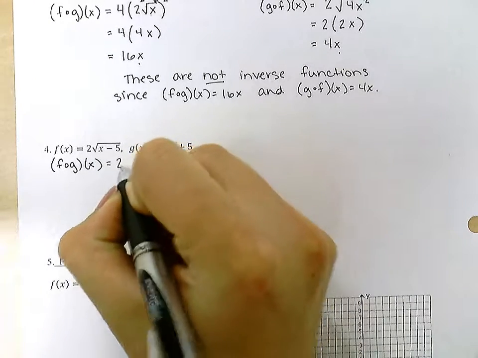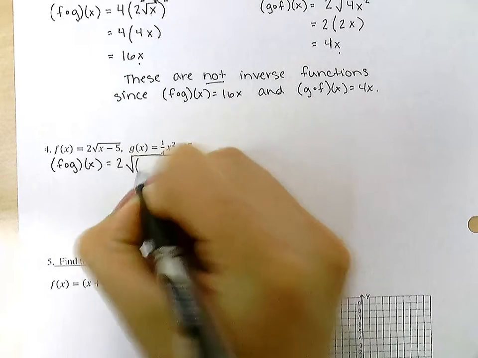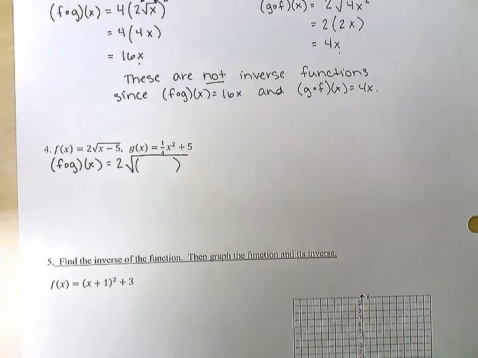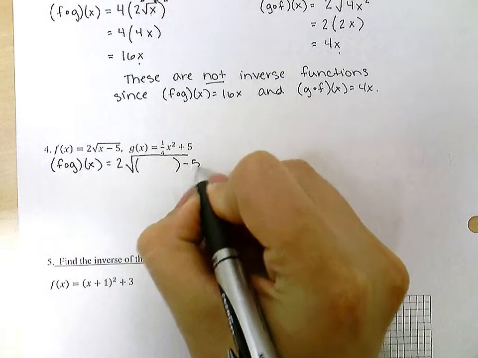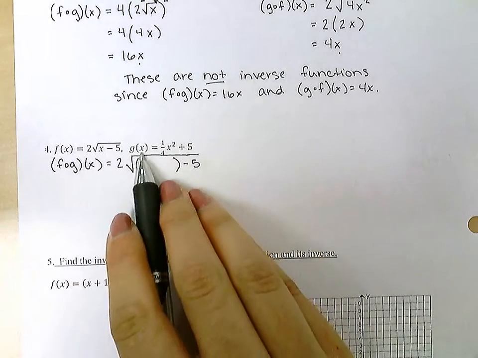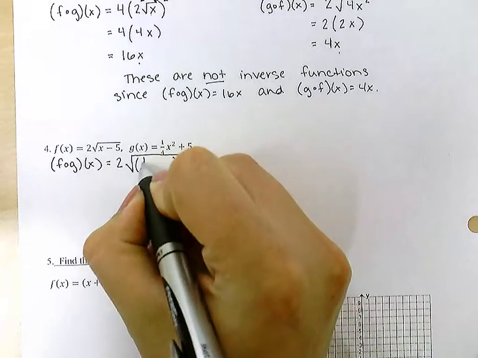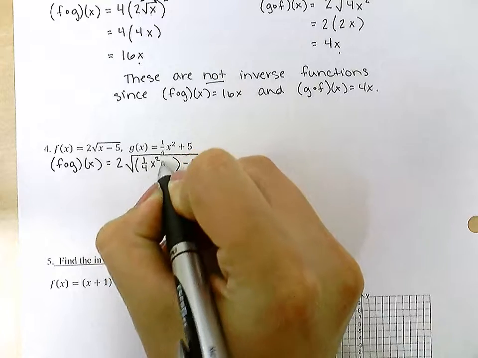So starting here, we have a 2. We have a square root. This is where our x is, so I'll leave that nice and open. And then we have a minus 5 for that f of x. So now I can plug in this g of x function where my open space is. So I have 1/4 x squared plus 5.